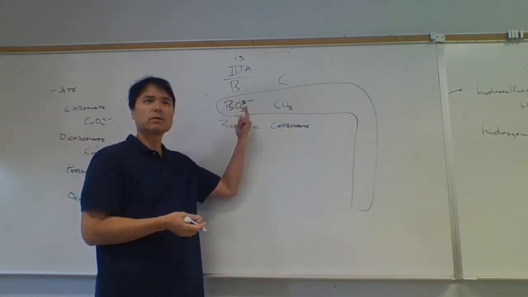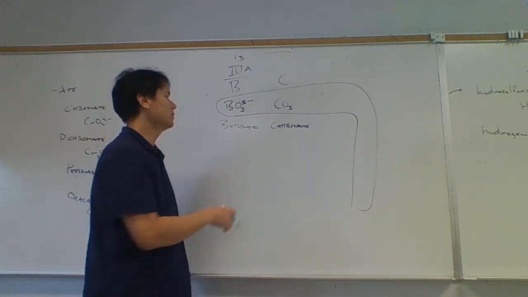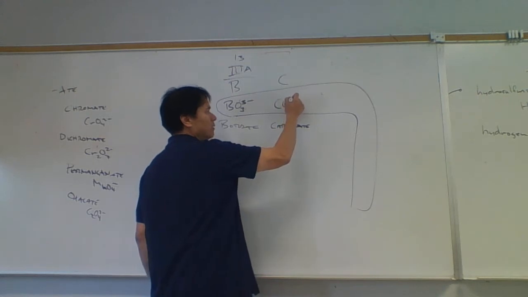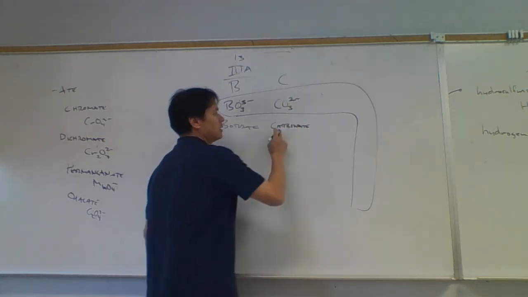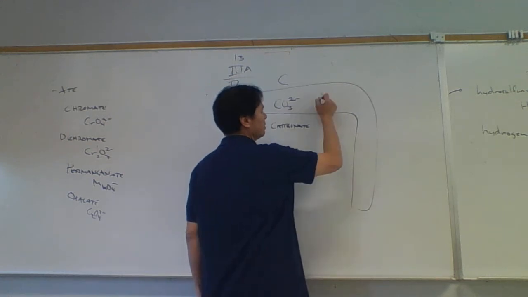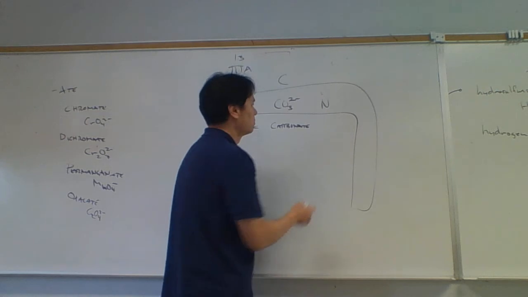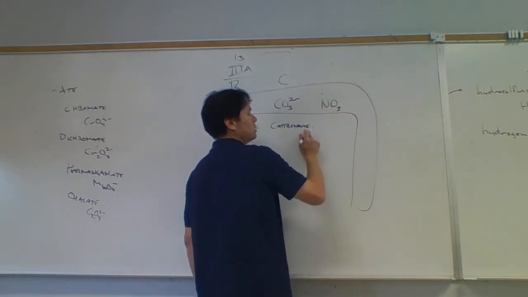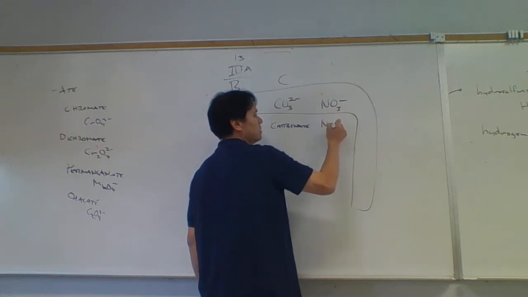Because if I know borate, then carbonate has the same number of oxygens, except the charge. The funny thing about the charge, and this is where you need the pattern, is the charge drops to 2 minus. And the next to carbon is nitrogen. What is nitrate? How many oxygens does nitrate have? 3. Except the charge is not 3 minus, it's 1 minus. And so this is nitrate.